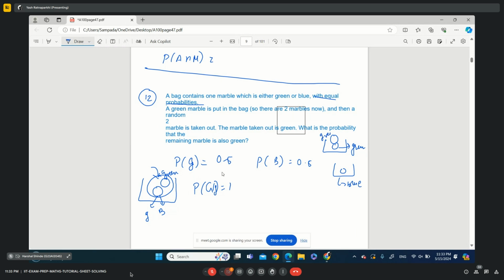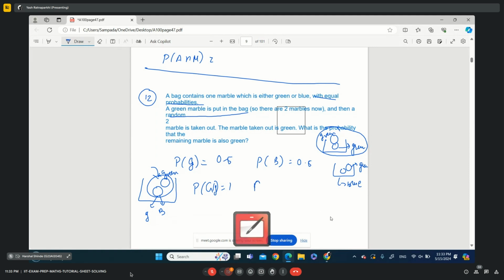It is written that a green ball is put into the bag. It is given, and here also I put a green ball. Now tell me, in this case, what is the probability of drawing a ball that is green? 100%. One. Can we write it as 1? Perfect.